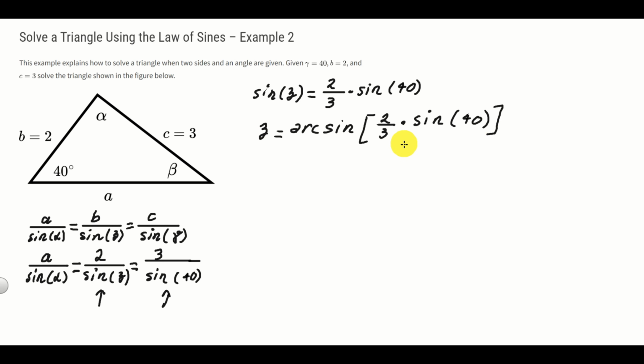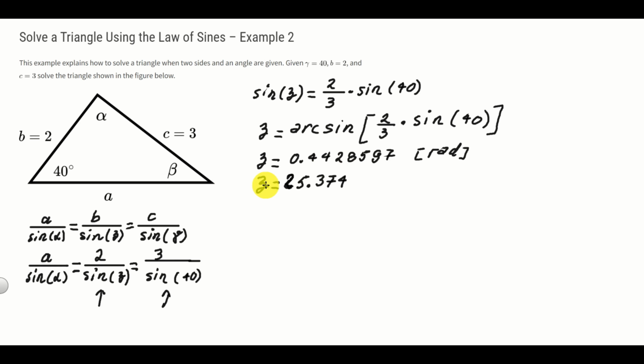If you substitute this in Python or in your calculator, you will obtain that beta in radians is actually 0.44285 radians. If you convert these radians into degrees, you will see that beta is approximately equal to 25.374 degrees.